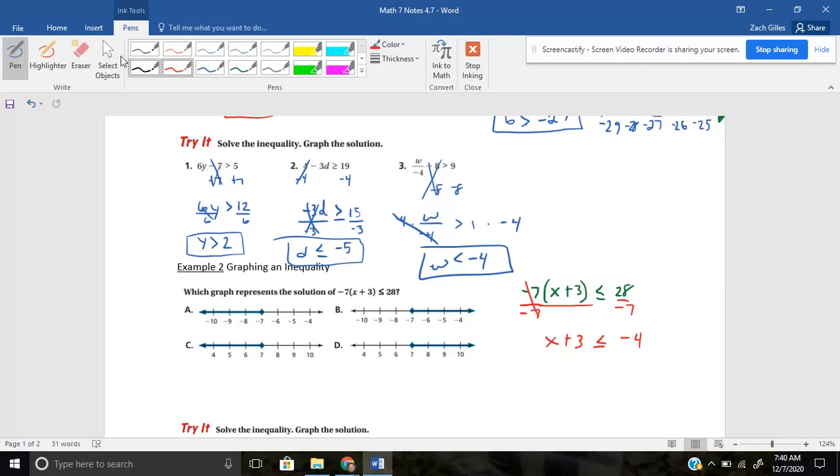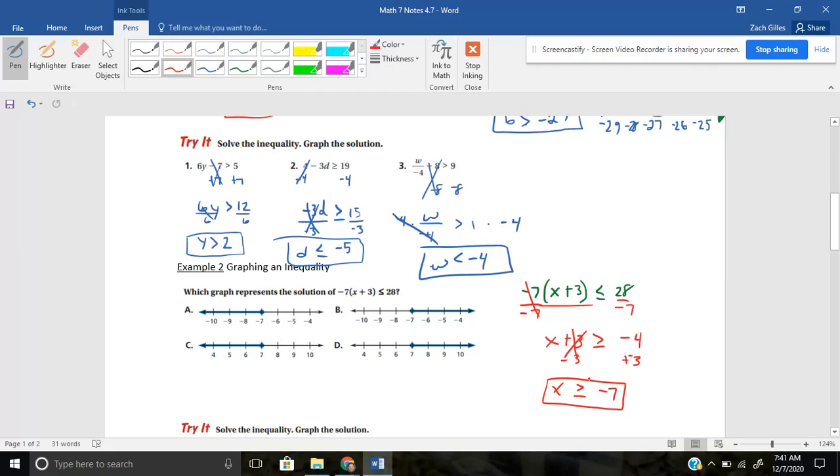And I almost made the mistake that's super easy to make. I divided by a negative, so I need to switch that inequality to greater than or equal to. Then all I have left to do is subtract 3 on each side. And x is going to be greater than or equal to negative 4 minus 3, negative 7.